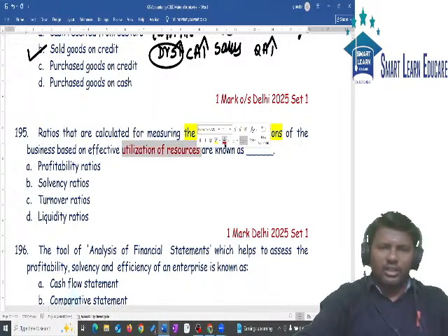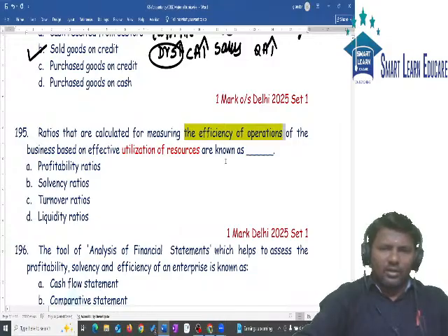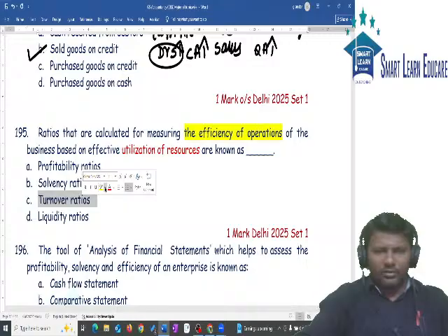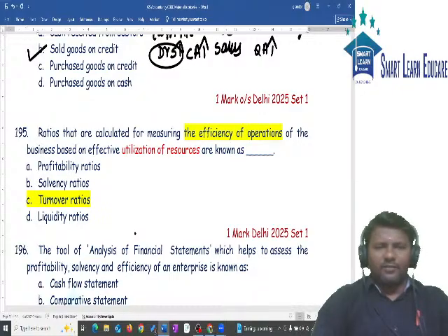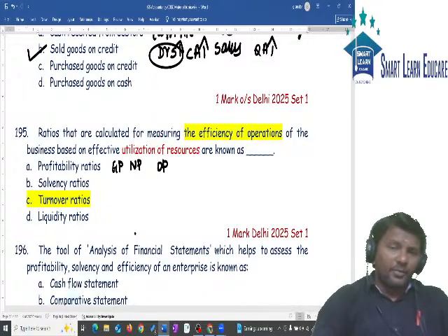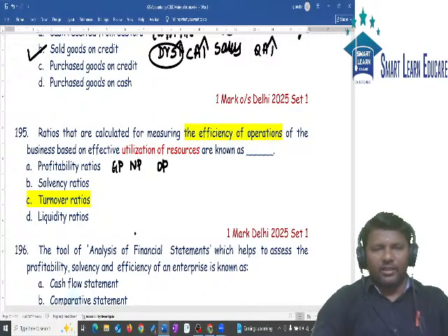How the resources are used and what is the efficiency are known as, this is known as turnover ratio. Profitability ratio will tell how much profit is earned by the company. What is the gross profit earned? What is the net profit earned? What is the operating profit earned?